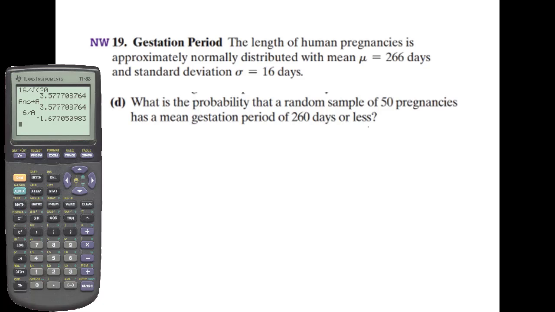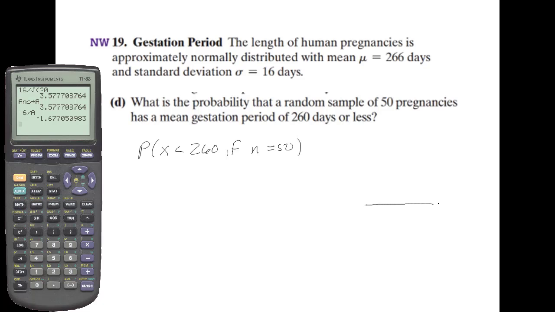What is the probability that a random sample of 50 pregnancies has a mean gestation period of 260 days or less? Okay, so here we go. We have to know the probability that X bar, the gestation period, is less than 260 if N is equal to 50.